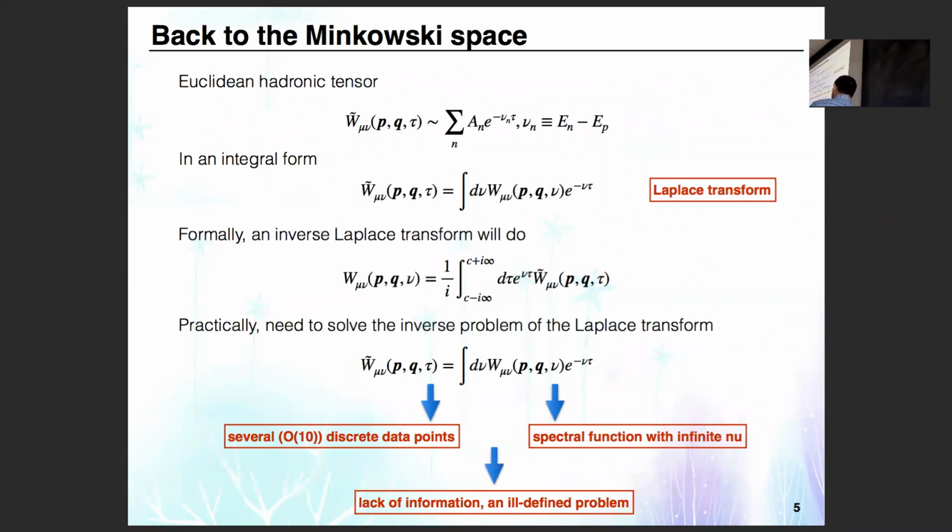After we have the Euclidean hadronic tensor, we need to convert it back to Minkowski space. As I said in the previous slide, the Euclidean hadronic tensor is a function of the time difference tau, while the Minkowski hadronic tensor is a function of the energy transfer mu.